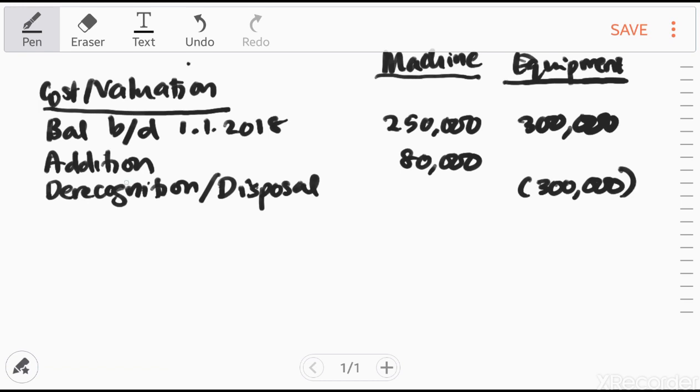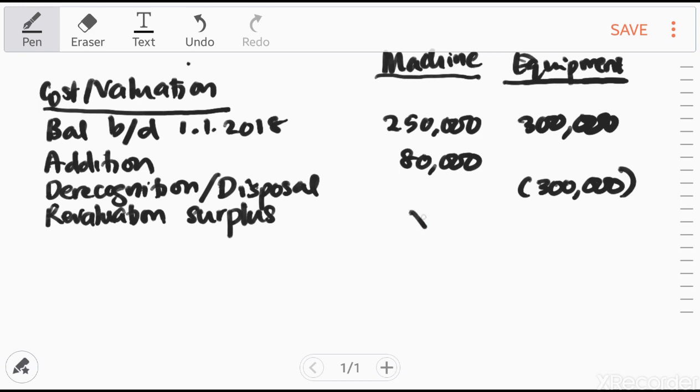The other things that you can also expect, when you do your question, is that if, let's say, there is a surplus, just to tell you what can cause the movement of PPE. So revaluation surplus. If there is, that will have to be added.